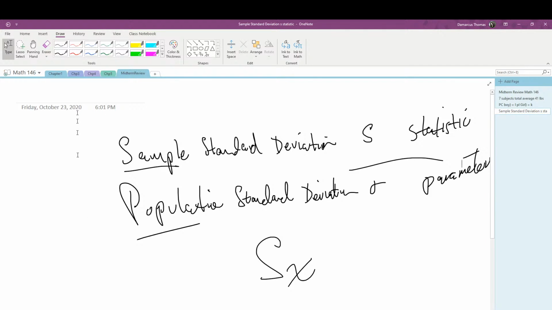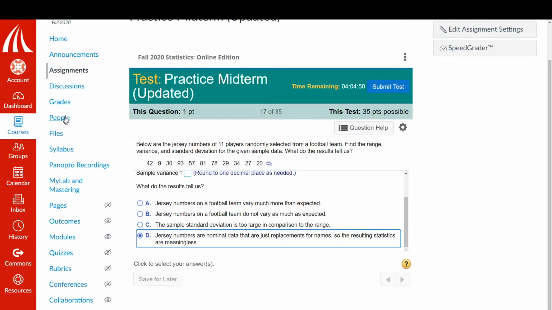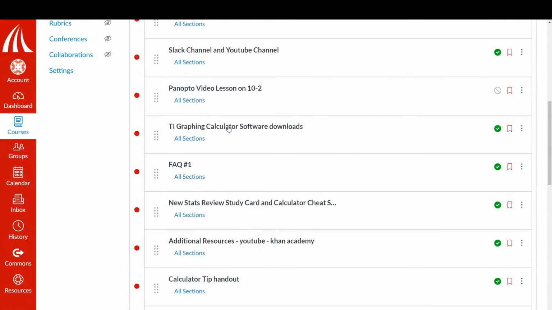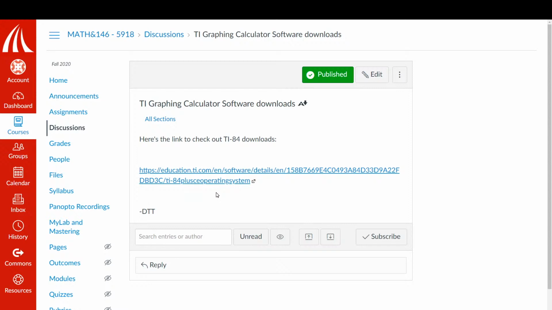I posted that you can get this calculator if it's not too late. I posted a link in our class in the discussion. I don't think this one might work.